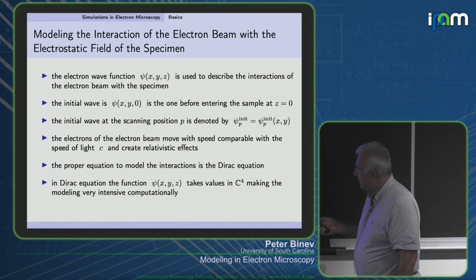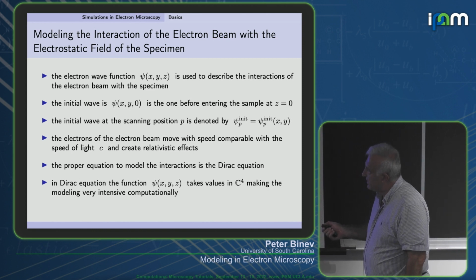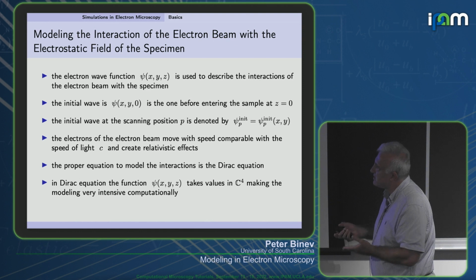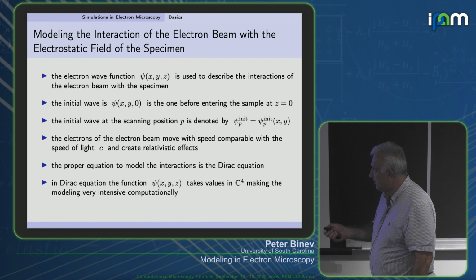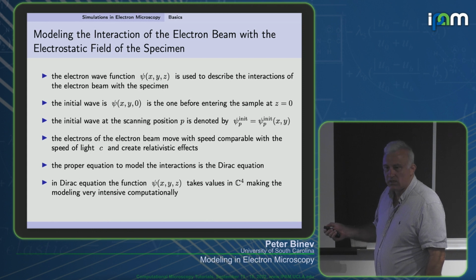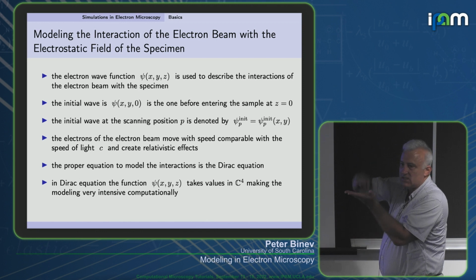We are now talking about the modeling of the interaction of the electron beam with the sample. We consider the electron wave function, which has three variables, x, y, and z, where z is the thickness of the sample.